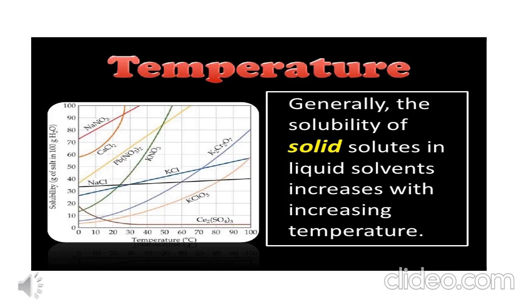So the solubility of sodium chloride doesn't depend upon the temperature. If you take potassium nitrate, its solubility increases with the increase of temperature. For some substances, the solubility decreases with the rise of temperature.